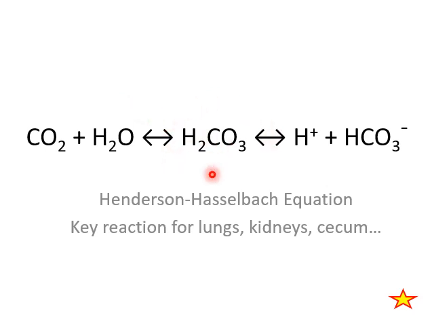We have an unstable intermediate, carbonic acid, which will either go back to carbon dioxide and water or decompose into a hydrogen ion and a bicarbonate ion. This is a key reaction where the lungs are involved, the kidneys are involved, and the cecum will talk about the absorption of VFAs from the hindgut fermentation and how that fits in there as well.